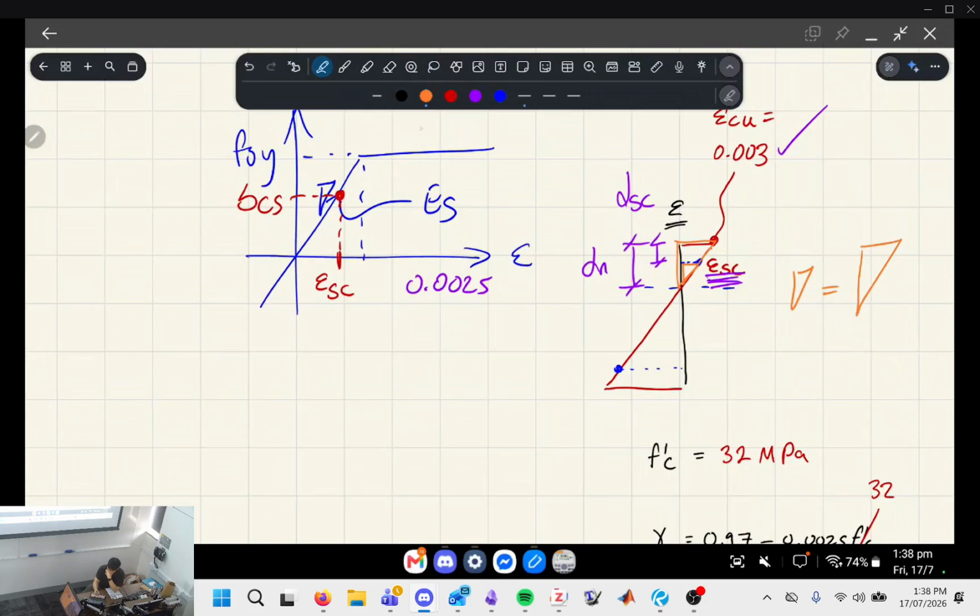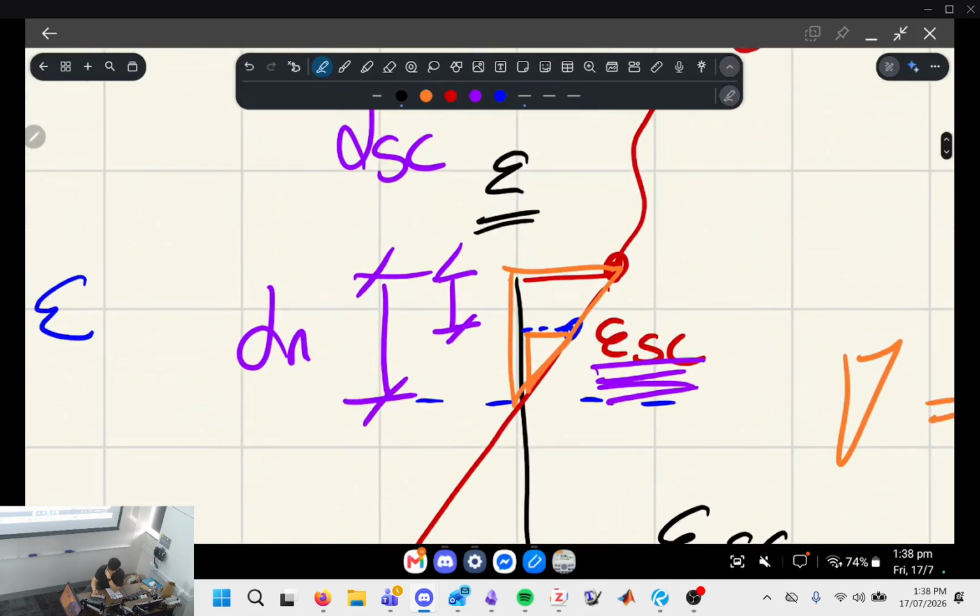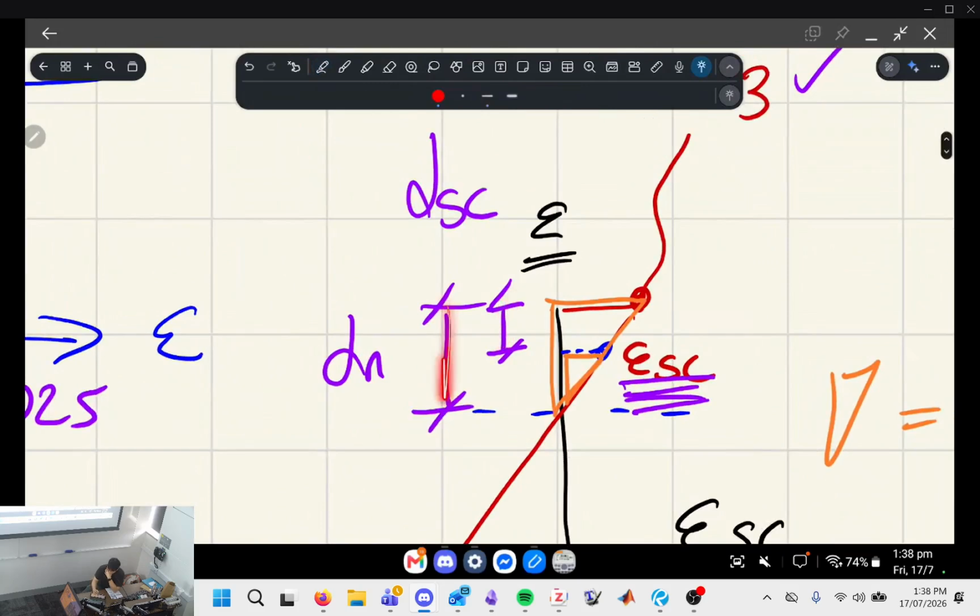So the smaller triangle, let's say the rise is epsilon SC. The run is here to here. We know what this dimension is, and we know what this dimension is, and therefore this dimension is going to be the difference between dn and dsc.